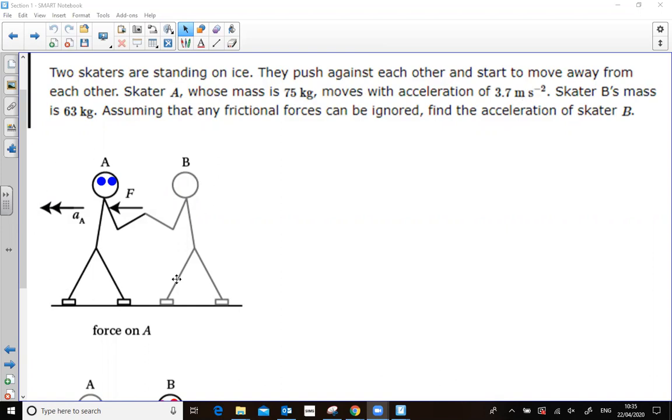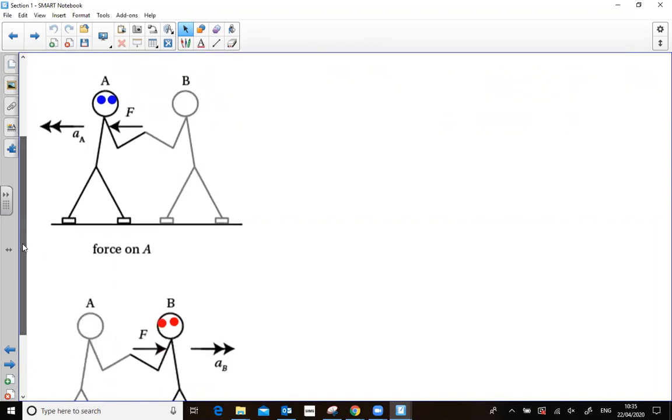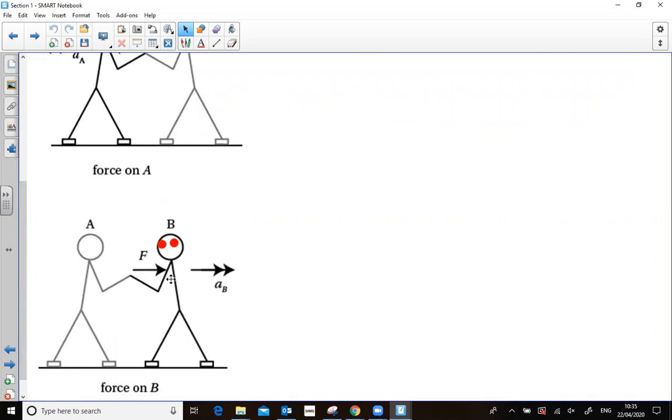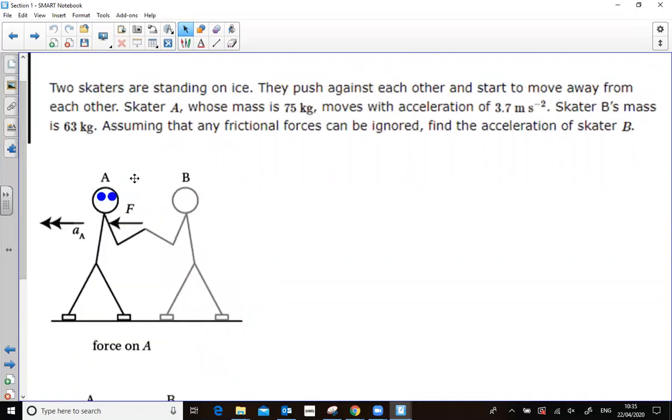As you can see in this diagram, skater A is going to move towards the left-hand side. Skater B's mass is 63 kilograms, and let's look at the diagram. If there's a force pushing onto skater B, that means skater B will move backwards towards the right-hand side with an acceleration. So, assuming that any frictional force can be ignored, let's find the acceleration of skater B.